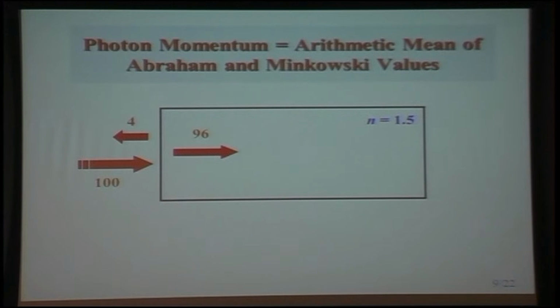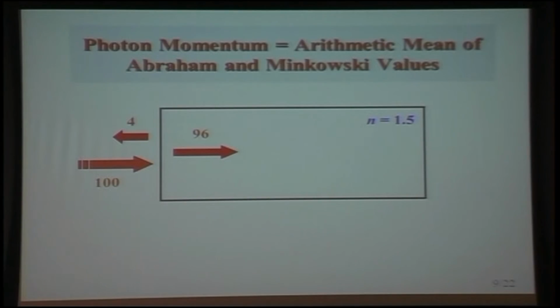A pulse of light comes in with 100 photons. It gets reflected. The reflectivity of this glass is 4%. So 4 photons come back. 96 go through. So now in vacuum, out here, we know exactly what the photon momentum is, h bar omega over c. Conservation of momentum tells us that these 96 photons should carry the momentum of 104 photons in vacuum.